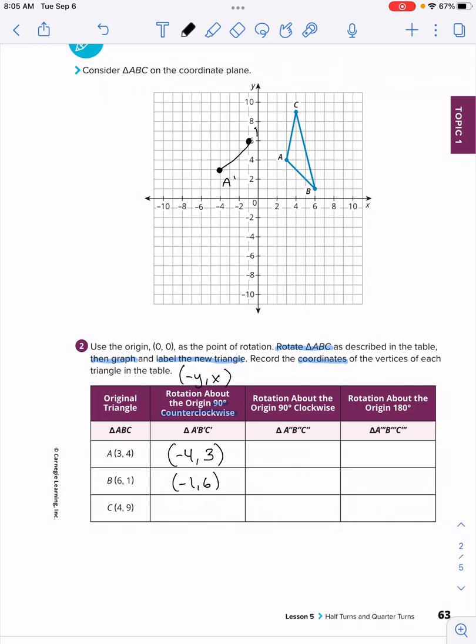All right, let me rewrite this. So 4 up, 9 left, or 9 left, 4 up. So that is right here. And we'll label that C prime. Okay, so that's the coordinate -9, 4.